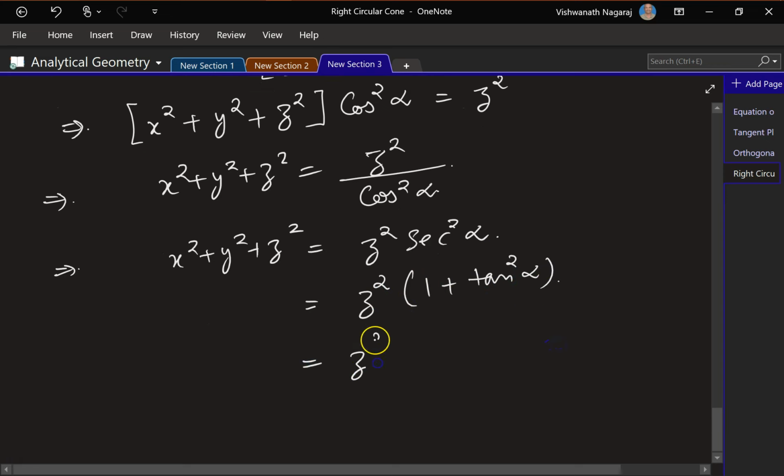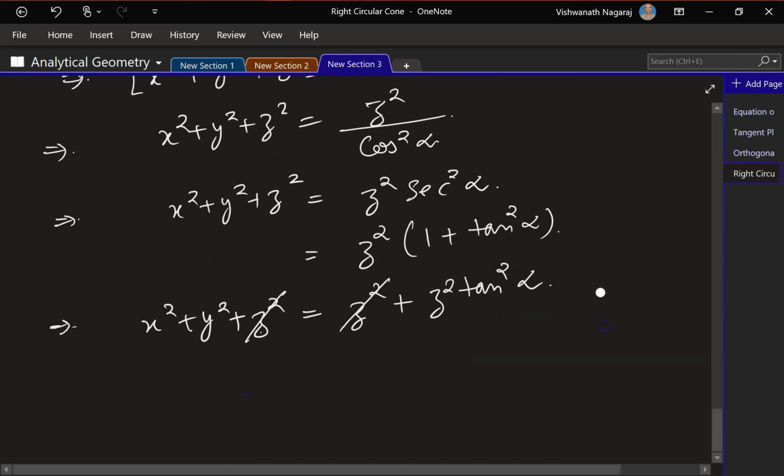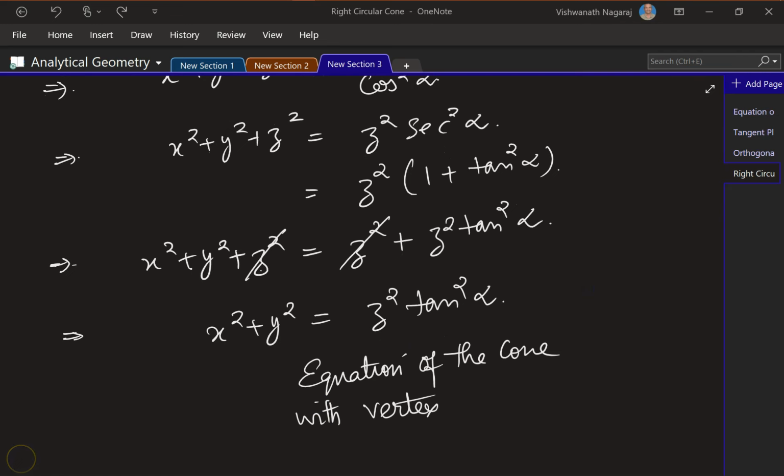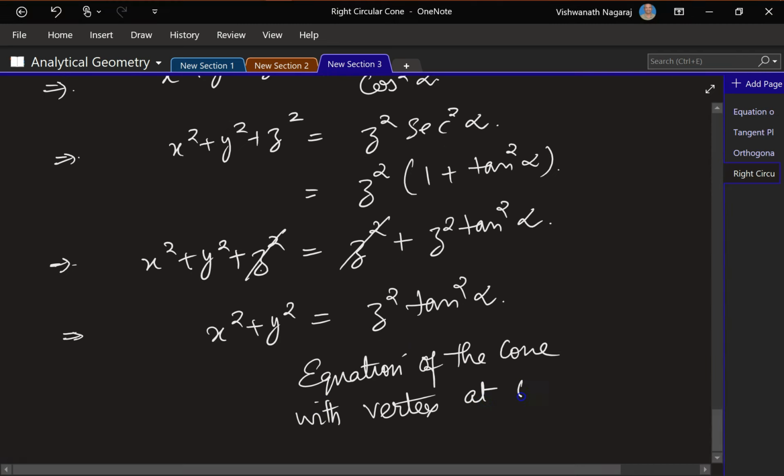Which means if we distribute it, we get z square plus z square tan square alpha. So z square gets cancelled on both sides, and we are left with x square plus y square is equal to z square tan square alpha.